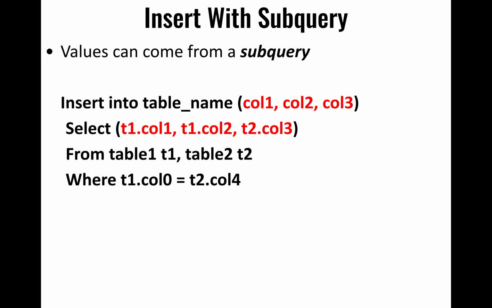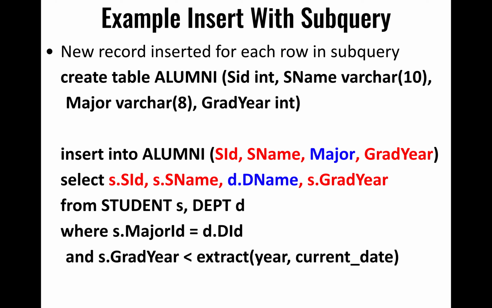for storage and whatnot. Okay, so here's an example of creating an alumni table where presumably what we'd like to do is take a look at all the students that we have currently and only choose a subset of those students who have already graduated. The ones who have been around at least for the last 4 years, then presumably they graduated. Now they're alumni. We can copy them over to the alumni table. So here we're creating an alumni table, and we are copying from the student table and the department table.